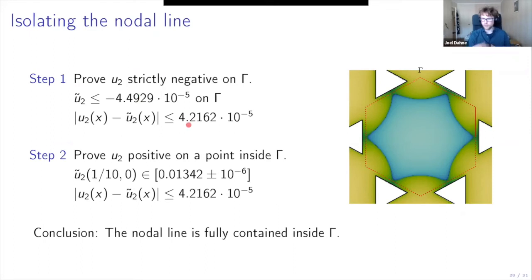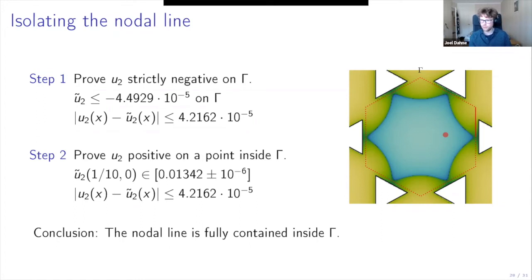So U2 must certainly be negative as well. Proving that it's positive on a point inside gamma is even simpler. We just take a random point inside. We get this value. Well, the L infinity bounds are certainly smaller than this. So U2 must certainly be positive on this point as well. So the conclusion from this is that indeed the nodal line is fully contained inside of gamma, and hence it cannot touch the boundary.